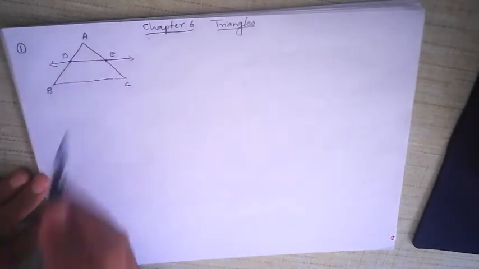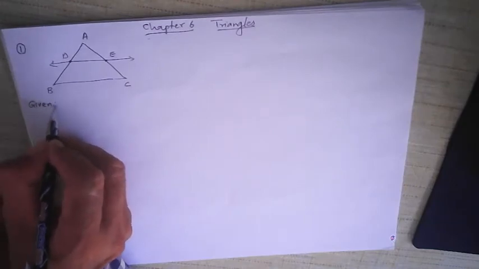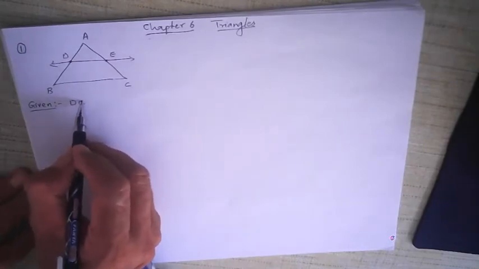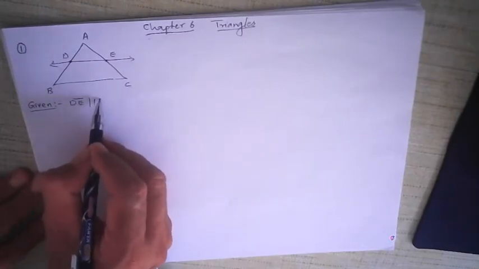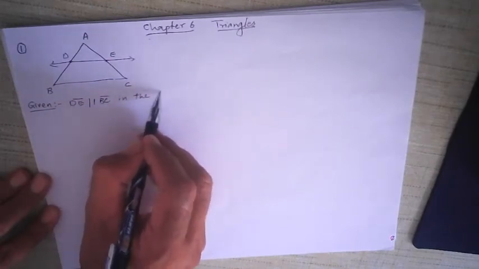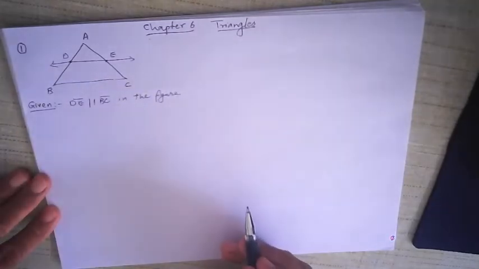And what are we given? Let us write down what is given. Given, DE is parallel to BC in the figure.